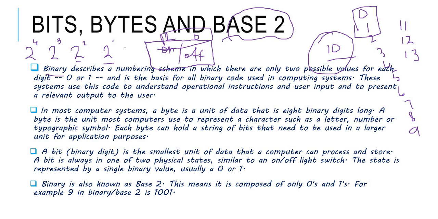Now if you see their results, 2 to the power 1 is 2. 2 to the power 2, 2 multiplied by 2, is 4. Then 2 to the power 3, multiplying 2 three times, 2 multiplied by 2 multiplied by 2, is 8.